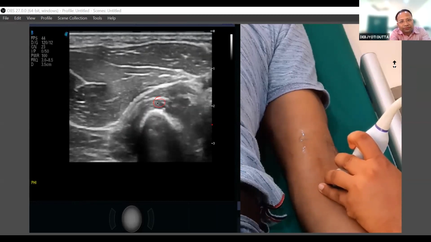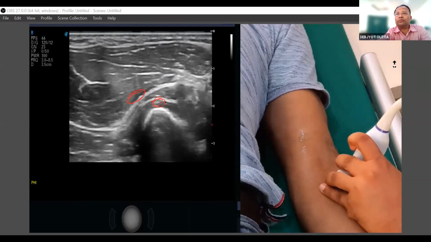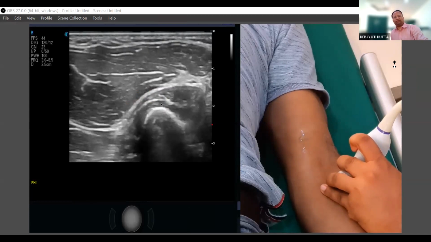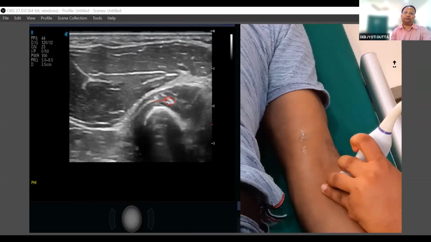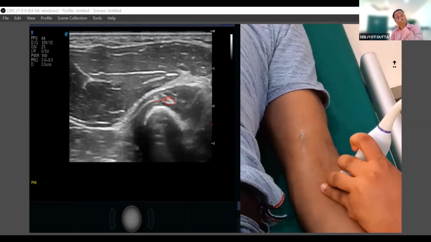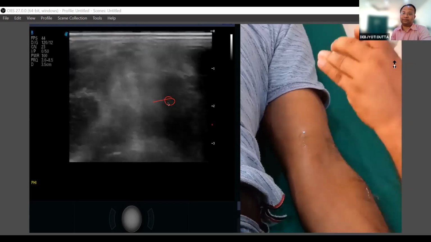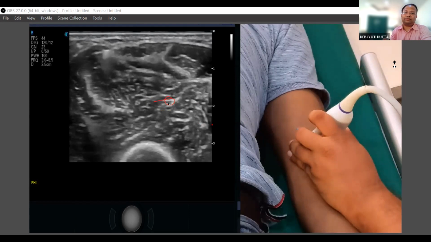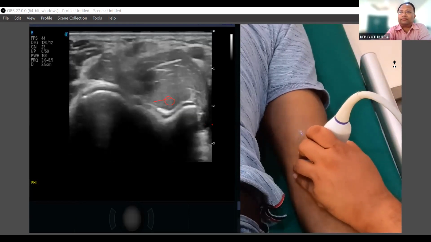Okay, so now it is dividing into the superficial and deep portion, and here there is the nerve. Okay, so this is the posterior interosseous nerve. So if there is entrapment, we need to inject here at the nerve. Okay, so that was about the radial nerve. Now what about the other structures in this picture?